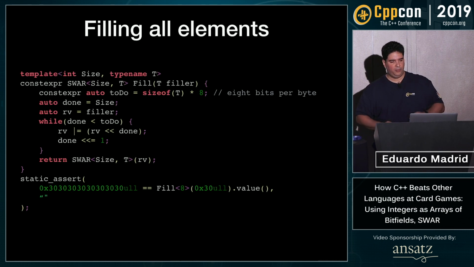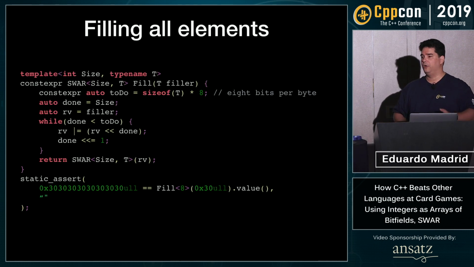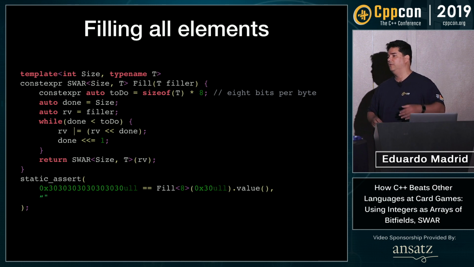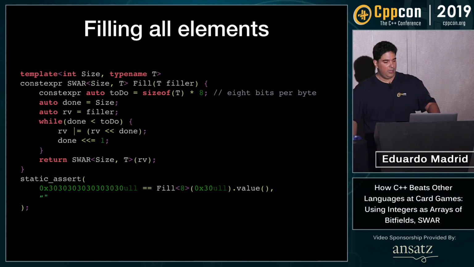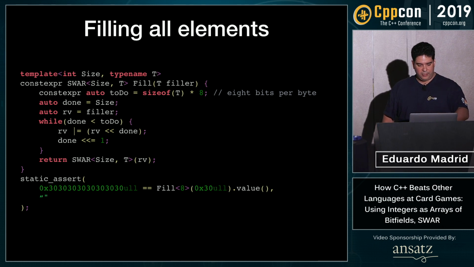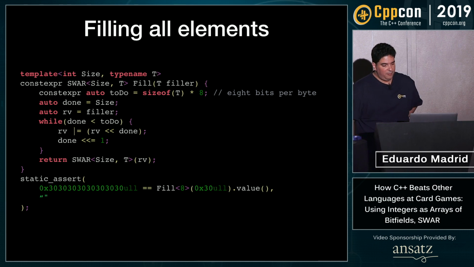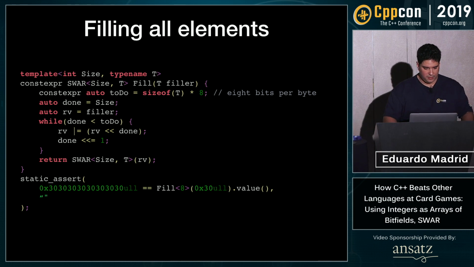Okay, one example of a SWAR technique. Let us construct a mask, a value that fills the whole SWAR array with the same constant. This is very simple. You just specify the constant as an argument, and the size of the elements as a template integer argument.